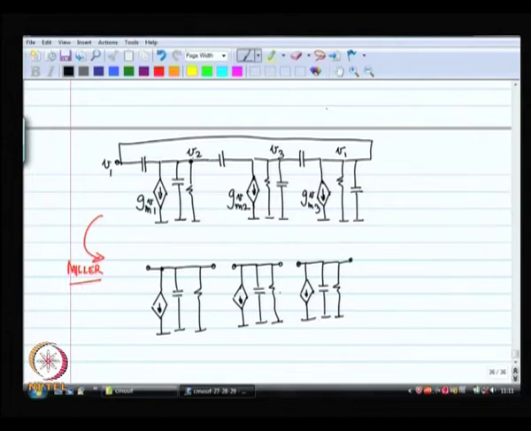So, what I have done is I have broken up the gate to drain capacitors. Each capacitor on each node is really CGS plus CGD times 1 plus A, where A is GM times RDS.